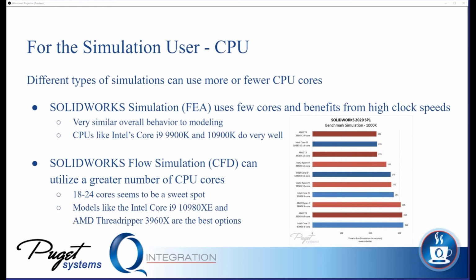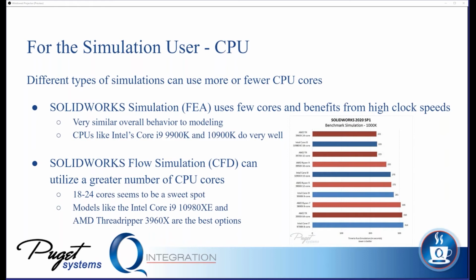You can get 64 core Threadrippers, but those do not actually end up helping, and in some cases can hurt performance, because if you go too high on core count, a lot of those processors run at a lower clock speed. So something like the 10980XE or AMD's 3960X is a really good spot from the Threadripper side.